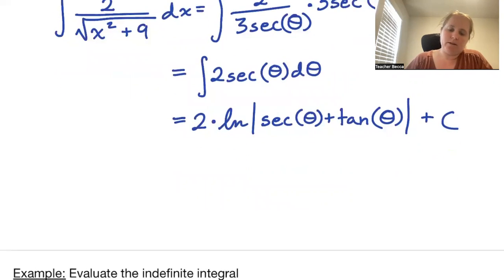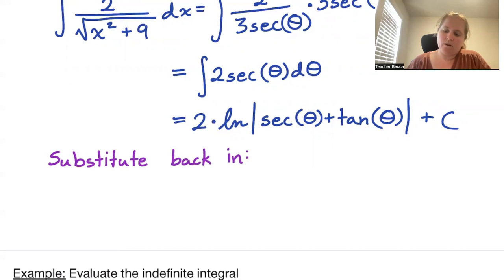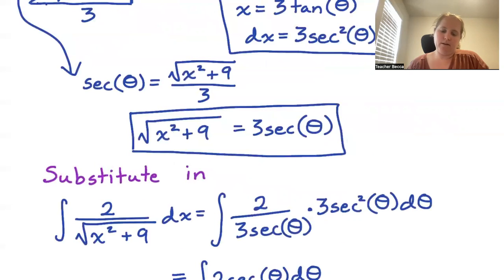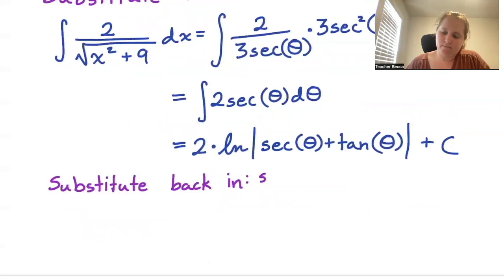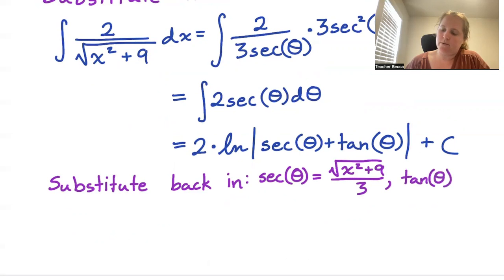At this point, we substitute back in. We had secant theta was the square root of x squared plus 9 over 3. We also had the tangent of theta was simply x over 3.